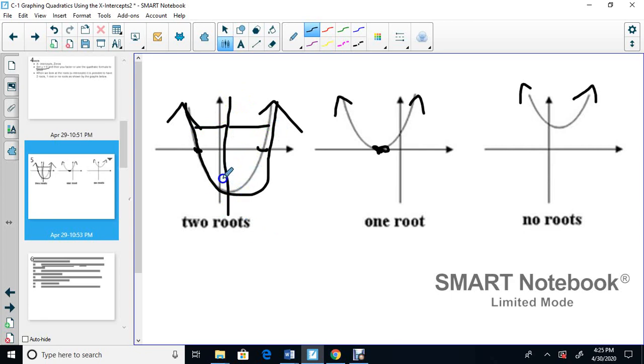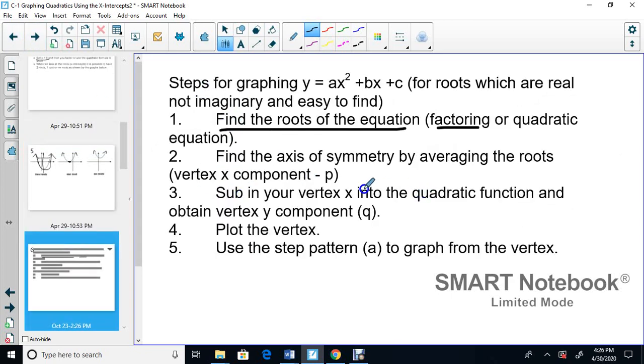Then we're going to sub that in as an x to find y. We're going to find the vertex, p and q, then plot it, and then we're going to use the step pattern to graph. Now you may not understand these steps yet, but when we do the next three questions, you'll know what these steps mean. We'll just do them one by one.